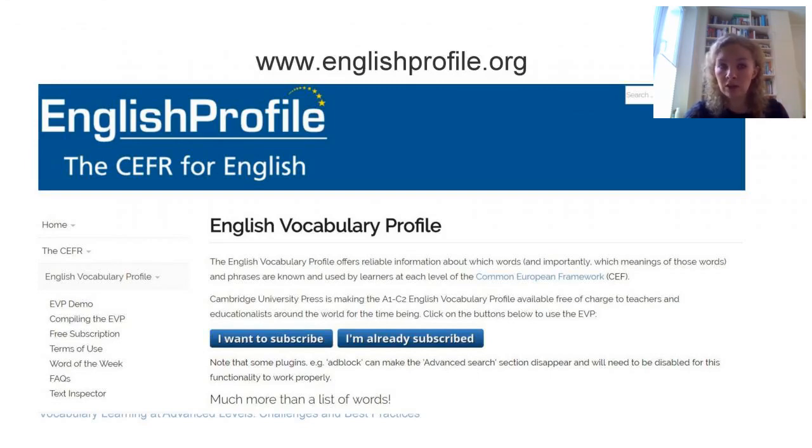And by using this source, first of all, you can check at which level it is expected to use this word. And what's more interesting, and remember we talked about the depth of knowledge, we're also going to learn what meanings or in what phrase this specific word is learned at which levels.